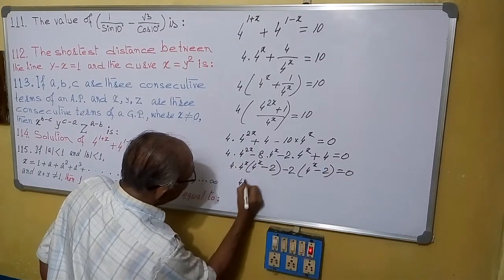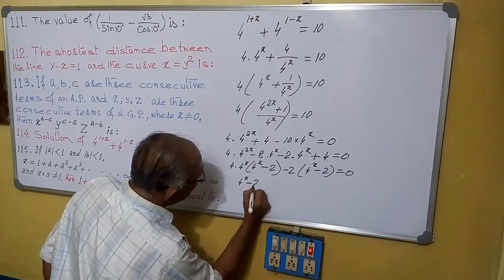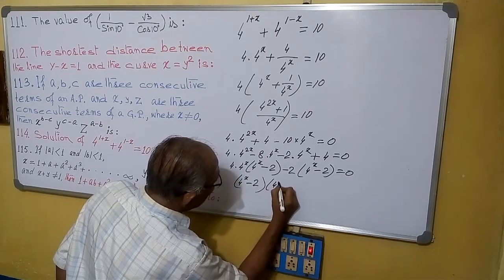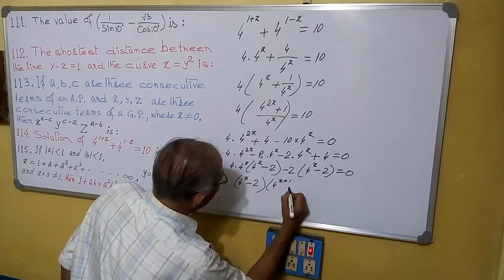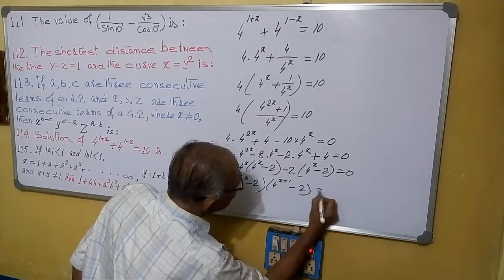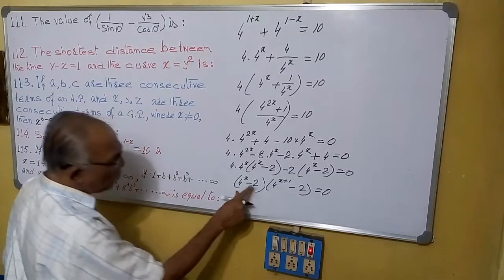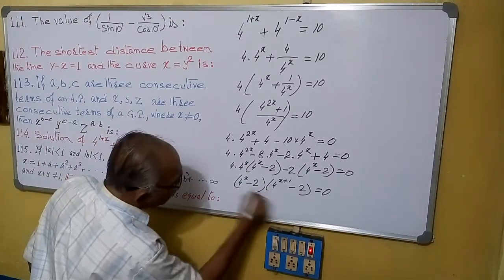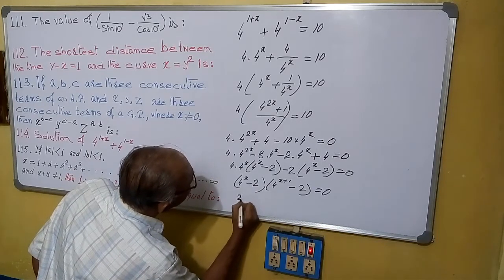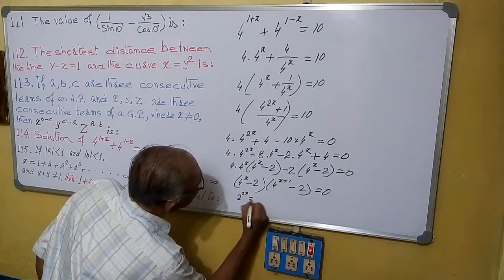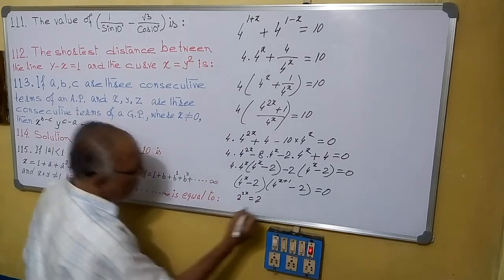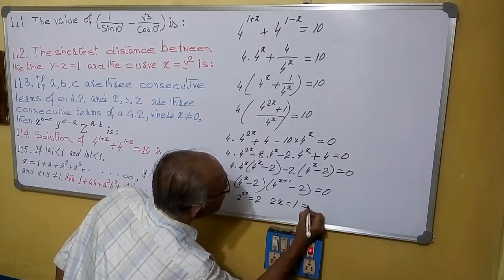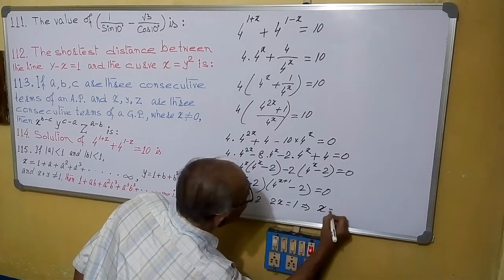So it is 4 to the power x minus 2 and 4 to the power x plus 1 minus 2 equals 0. If 4 to the power x minus 2 equals 0, we can write it 2 to the power 2x equals 2. That means 2x equals 1, implies x equals half.